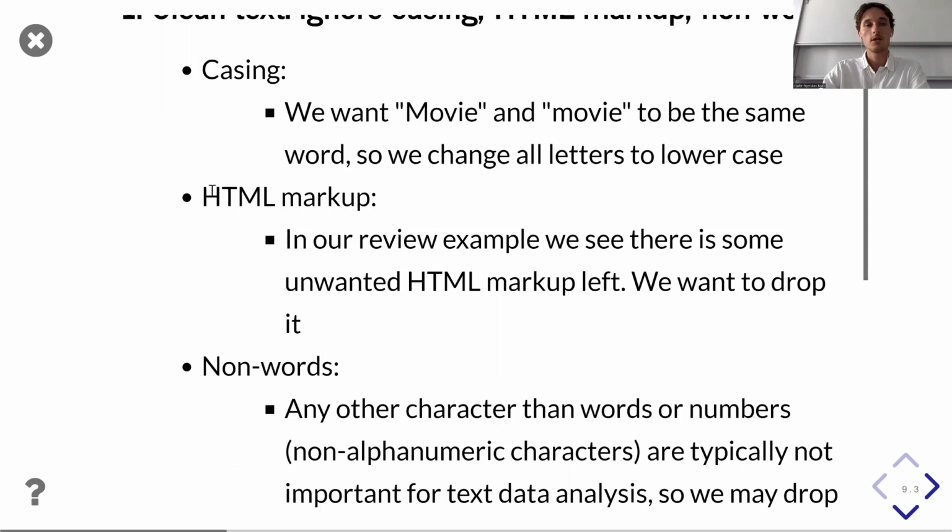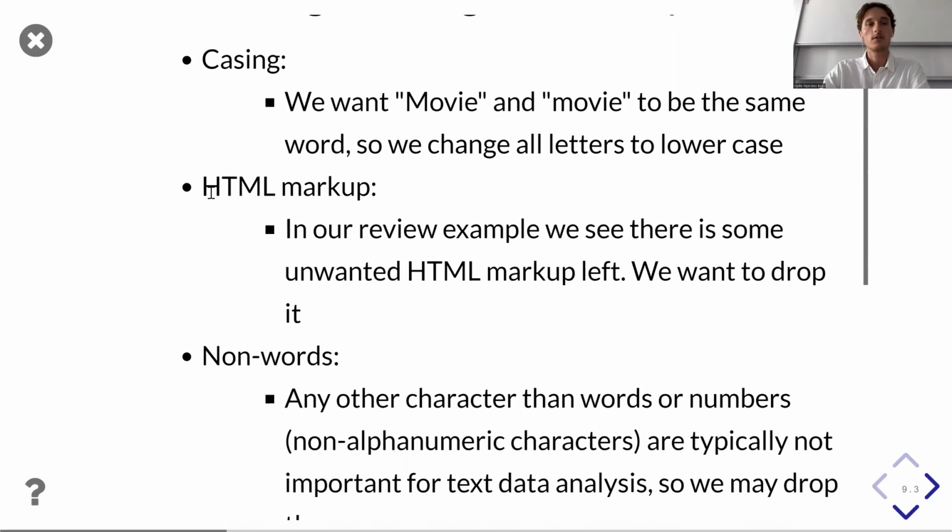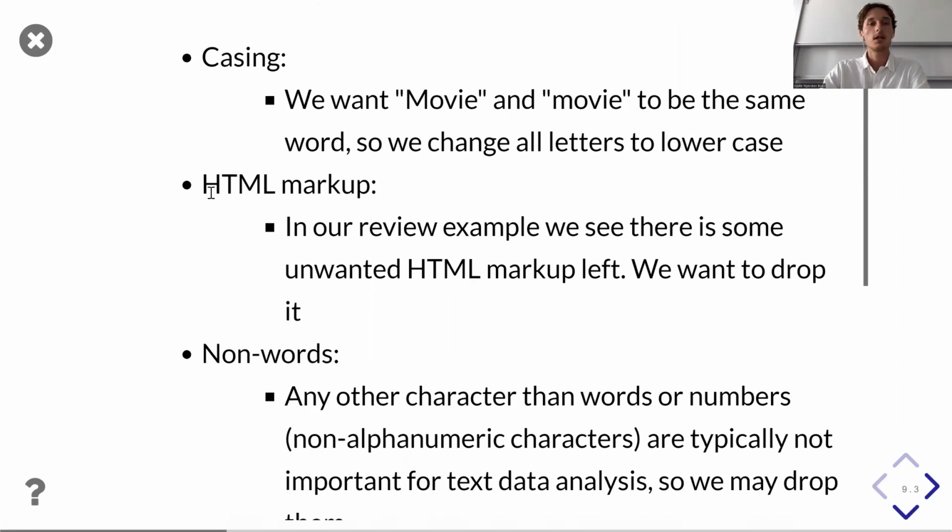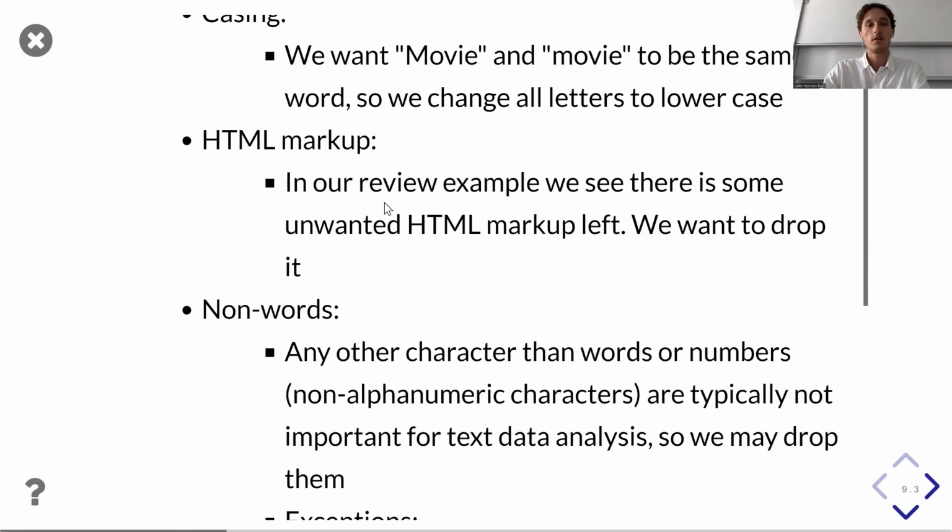Sometimes we can also see, especially if we scrape some data, that there can be some HTML markup still in the text data, and we don't want that. So we will remove the HTML markup, and we will see in our review data that there is actually some HTML markup here.